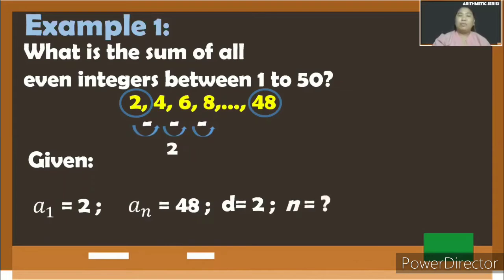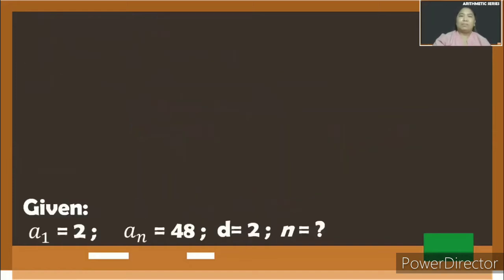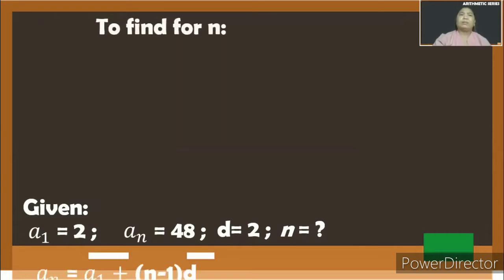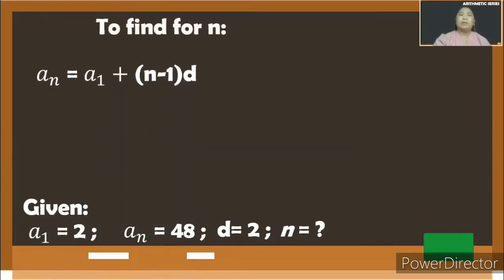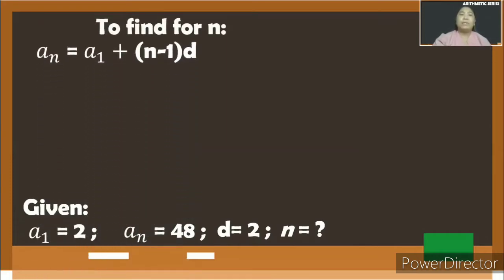Now, we have the unknown n. We don't know how many terms there are between 2 to 48, and then we're going to find their sum. So the unknown also is S sub n. Now, how can we find n? To find n, we're going to use the formula for the arithmetic sequence: a sub n is equal to a sub 1 plus the quantity n minus 1 times d.